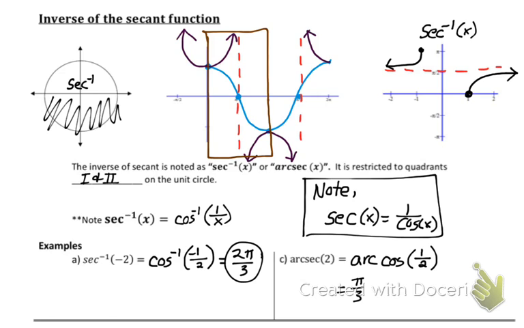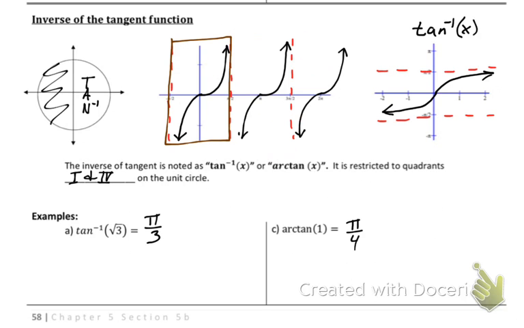Secant inverse had the exact same domain as cosine inverse. So when I went through cosine, to get my answer, I didn't care what quadrant I was in because they shared the exact same quadrants. Secant inverse and cosine inverse had the exact same domain.